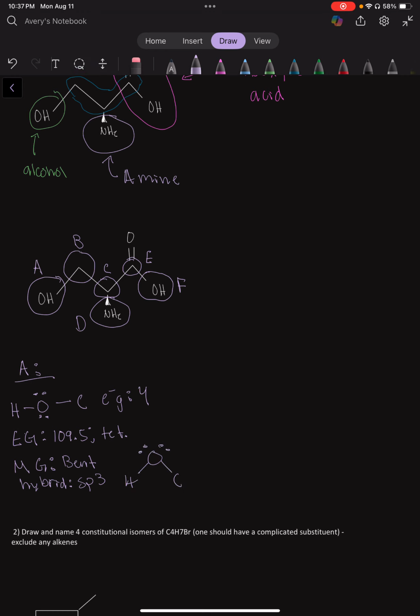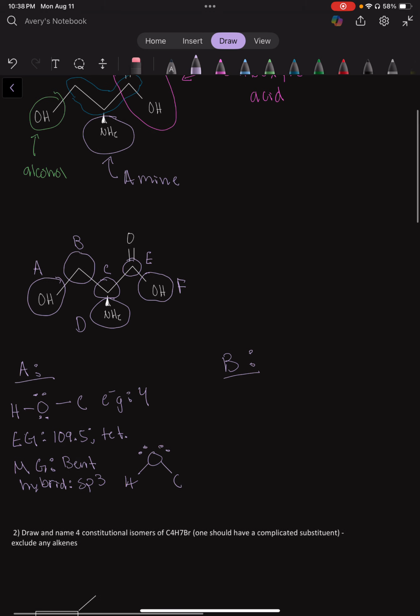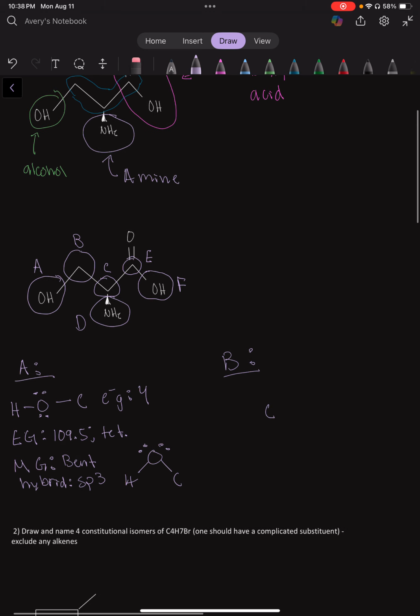And now we are going to do B. B is a carbon bonded to a hydrogen, hydrogen, another hydrogen. That's actually an oxygen, and another carbon. So we have 4 bonded atoms and 0 lone pair electrons. So our electron group is going to be 4.